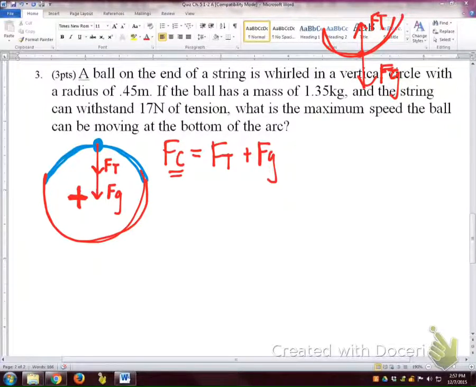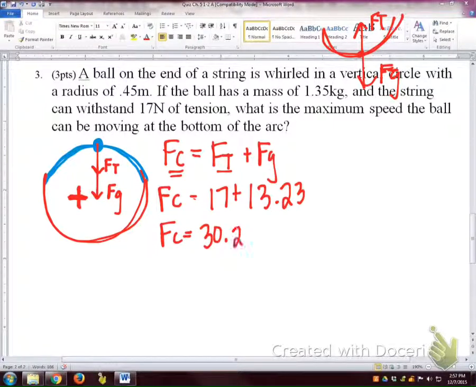We know our tension force is still 17 and our gravitational force is still 13.23. We solved for that last time. This time we add them together, which gives me a centripetal force of 30.23 newtons.